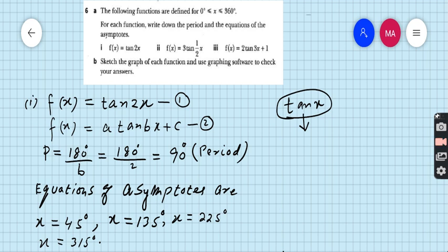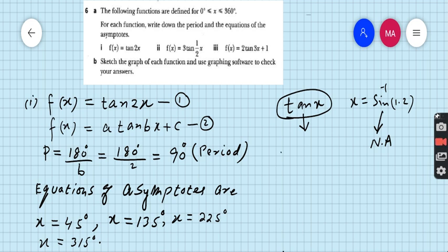So if we find x equals sine inverse 1.2, what should be the answer? Can anyone tell me without a calculator? The answer is not admissible, not possible, because the sine value cannot be greater than 1.